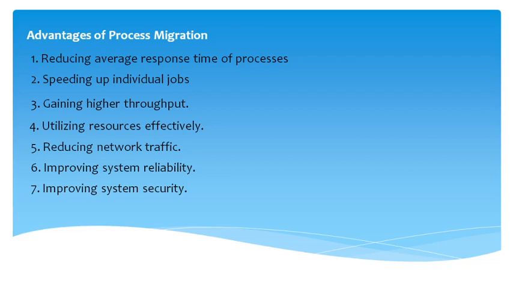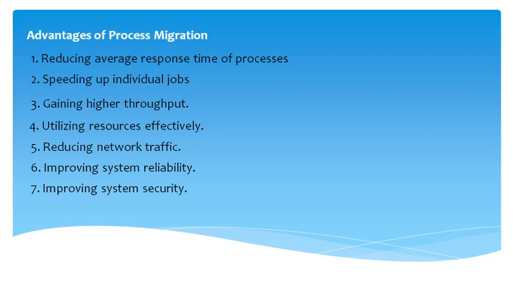And the fourth one, utilizing resources effectively. We know that in a distributed system, we have the capability of using various resources such as CPUs, printers, and storage devices of different nodes, and we can use them whenever we want. Depending upon the nature of the process, it can be migrated to the most suitable node.